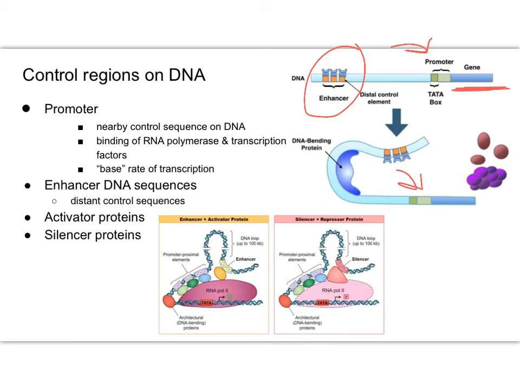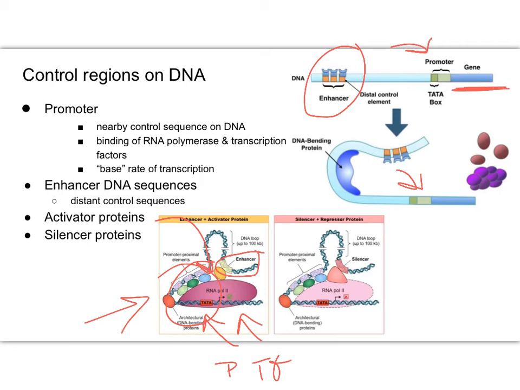So you can see in the one in the yellow here on the left, okay, so here's my enhancer far away from here's my promoter right there. Okay, my target gene is right here. Okay, my promoter is folding back onto my TATA box there. And then my activator protein, this circular mustardy yellow one there in the middle, that activator protein is binding to the enhancer sequence and causing transcription to occur, whereas a silencer protein is going to do the opposite.